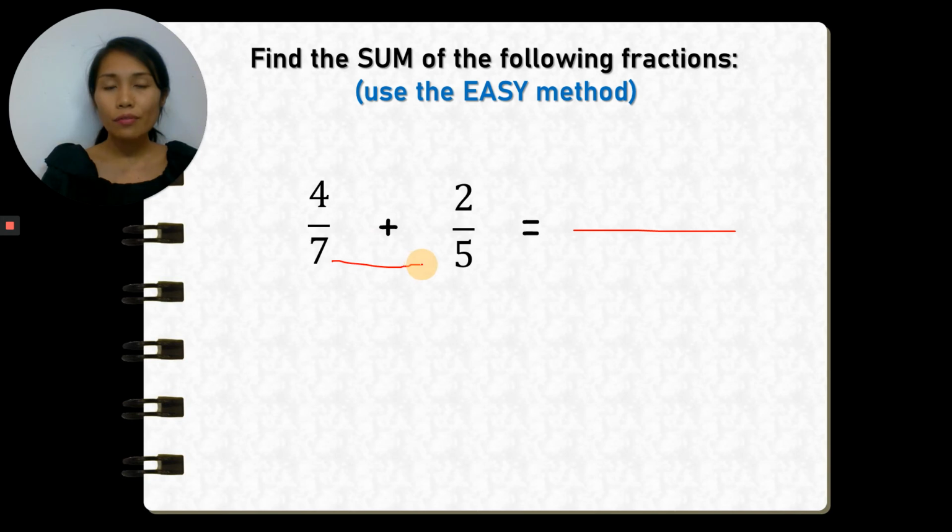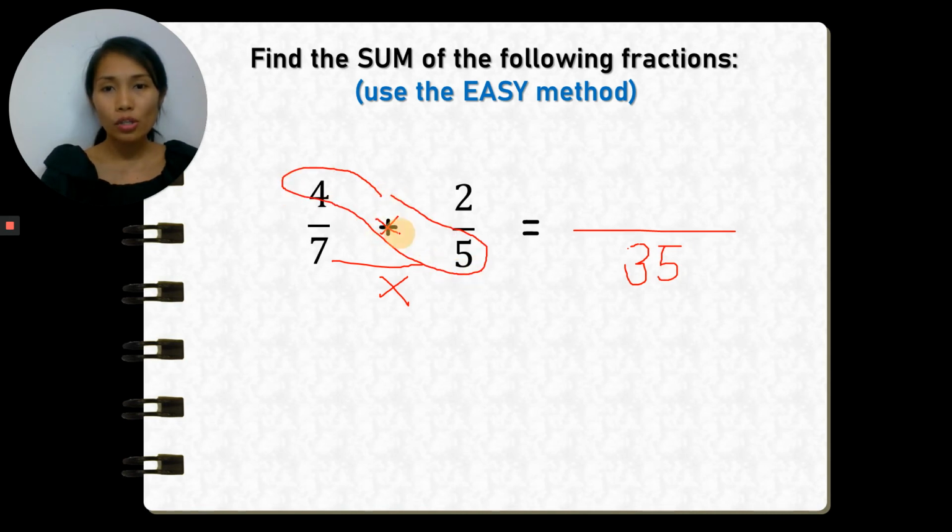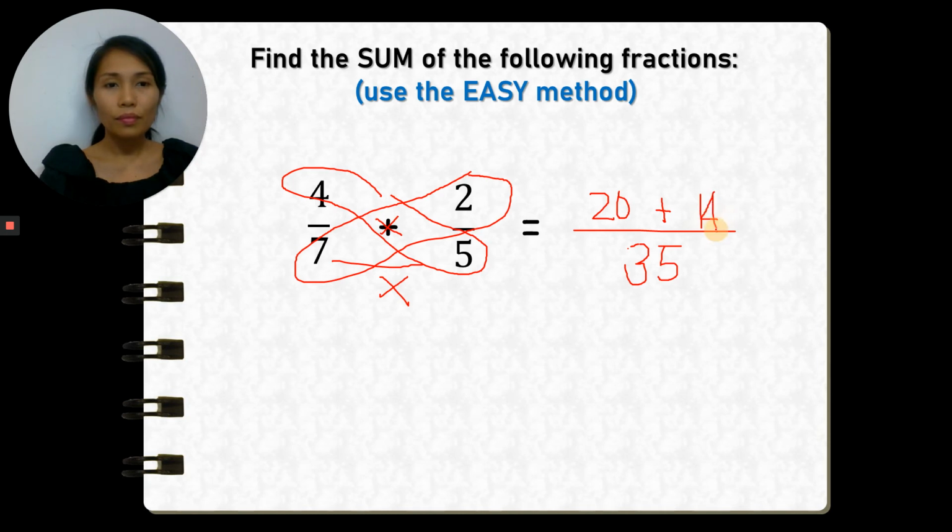Okay, 7 times 5 is 35. Now let's cross multiply. We change this to times, not plus anymore. 4 times 5 is 20, plus 7 times 2 is 14. So 20 plus 14 equals 34, and the denominator is 35.